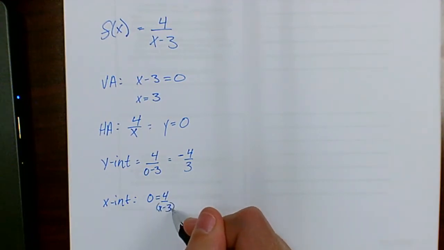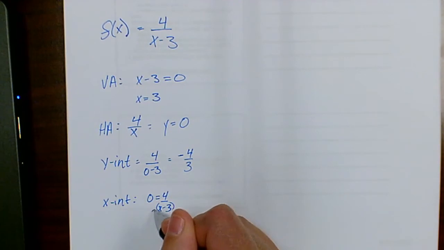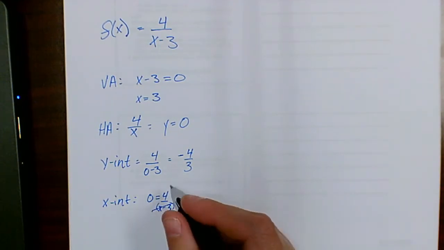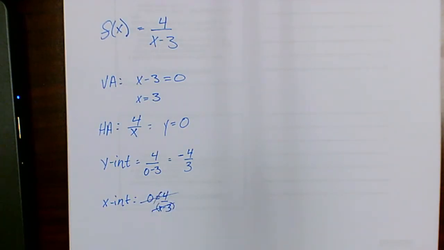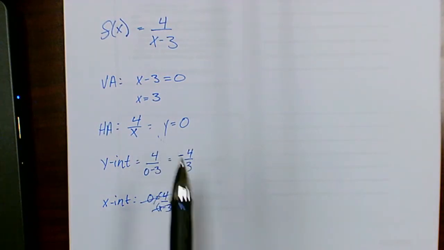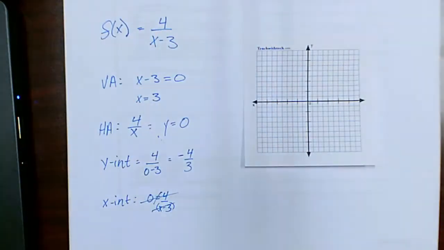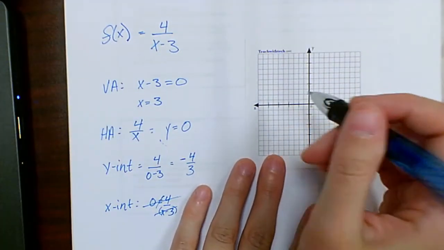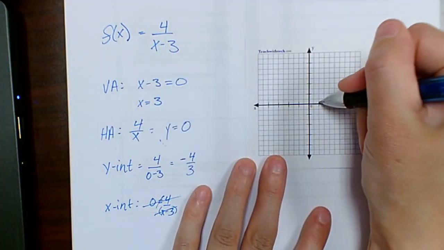Well, you're going to multiply the denominator by 0, and you get 0 equals 4. Well, that's not going to happen. Or if you think about it, since you have a horizontal asymptote at y equals 0, that covers the whole x-axis. So of course you're not going to have any points on that axis. So to graph, we have a vertical asymptote at 3.